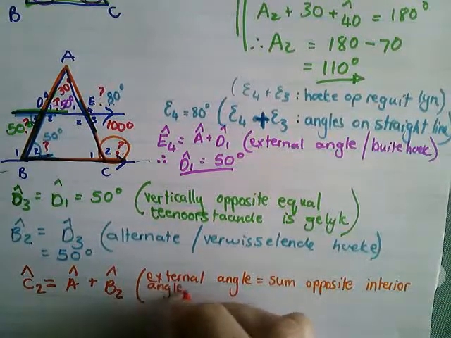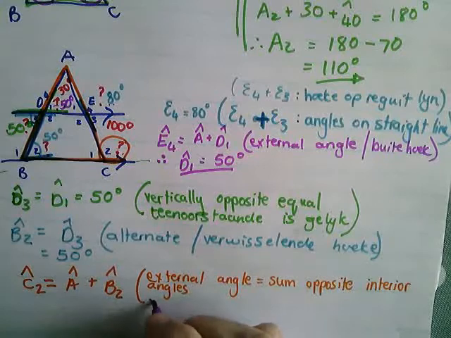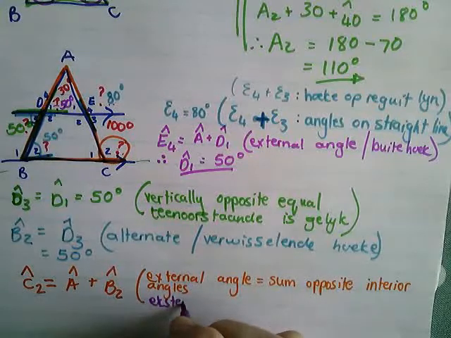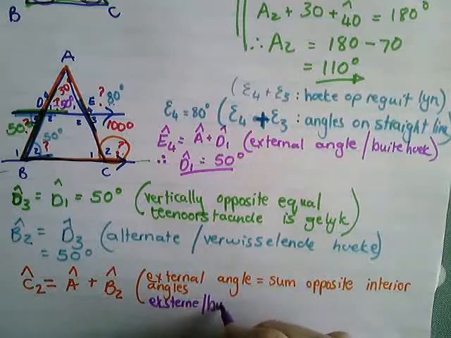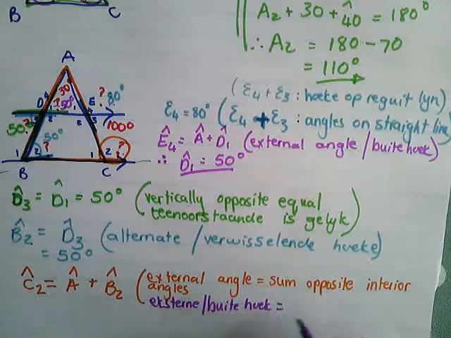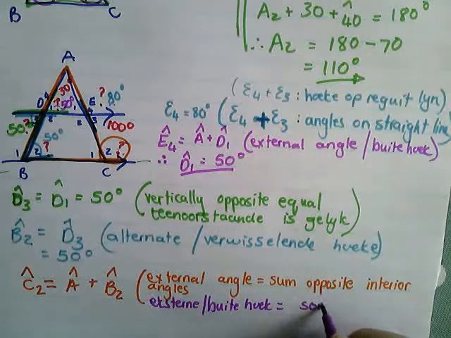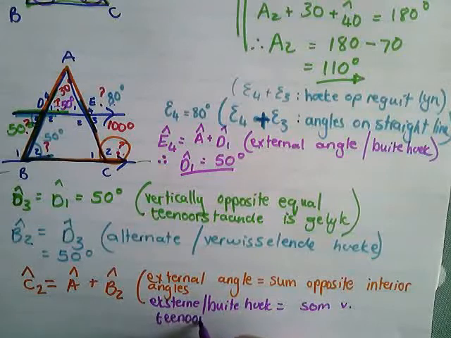Goed, so jou rede gaan wees dat die eksterne hoek of die buitehoek van 'n driehoek is gelyk aan die som van die teenoorstaande binnehoeke.